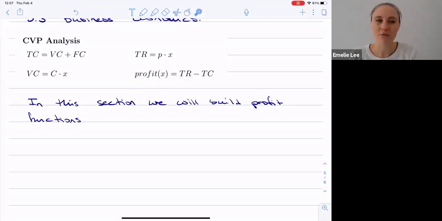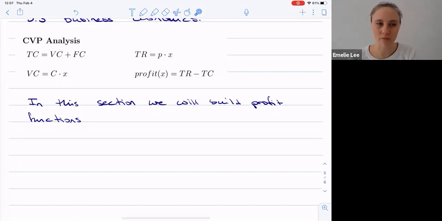If I told you, I make these signs, it costs me about $4 to make each sign, but then I sell them for $10 each. And I sold 20 signs this month.